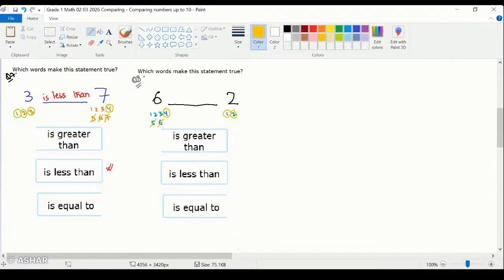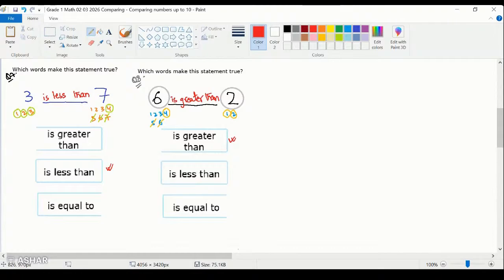So when we are comparing two values together, 6 should be more than 2, right? And how do we write more? We say 6 is greater than 2. Perfect.